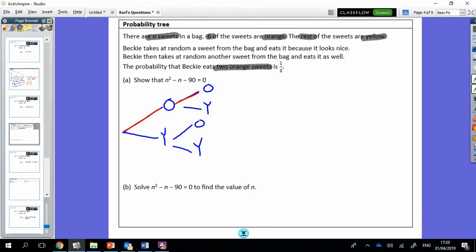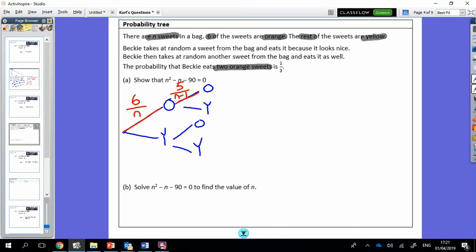First sweet she picks. We know there's a total of n sweets in the bag, 6 of which are orange. So probability of 6 over n. Now she eats that sweet. Therefore, there's only 5 orange sweets left after the first one, but the total number of sweets is also reduced by 1. So we have a total of n minus 1 sweets.